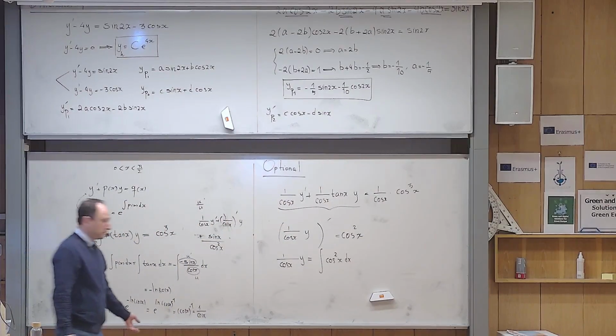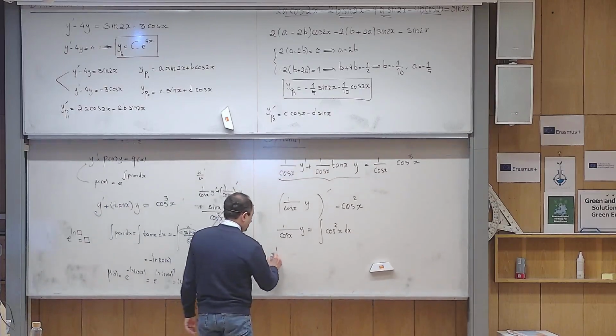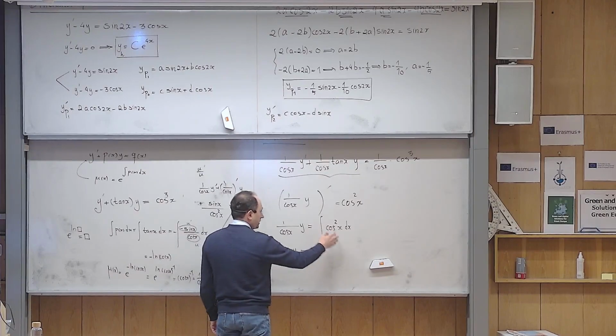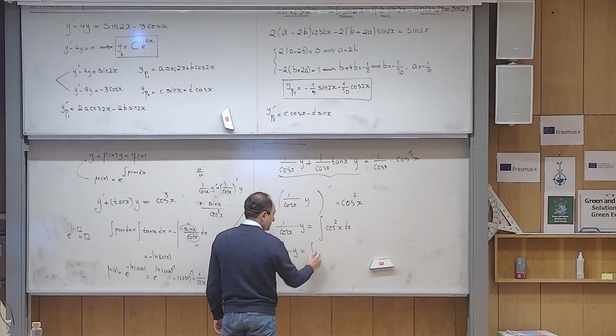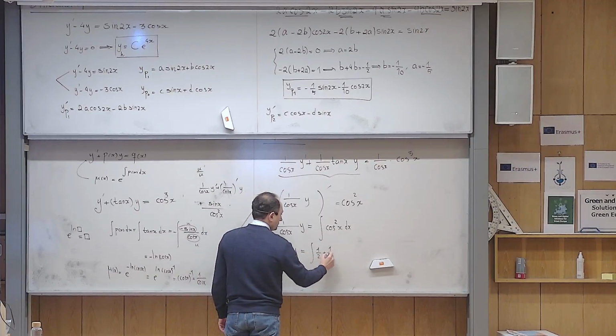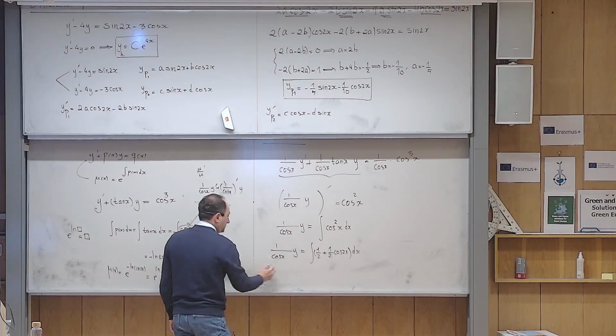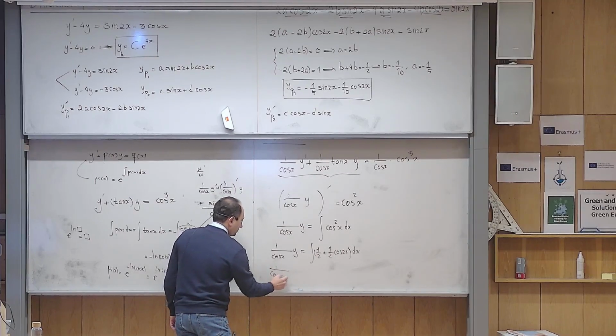The double angle formula. Yes, so it becomes 1 over cosine x y, and then this becomes 1 over 2. I just write the answer, so it's 1 over 2 plus 1 over 2 cosine double angle. Yes, and then it becomes 1 over cosine x y.